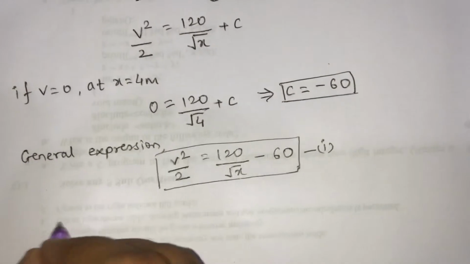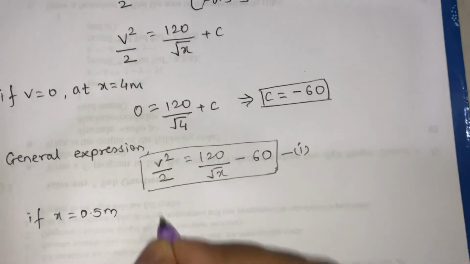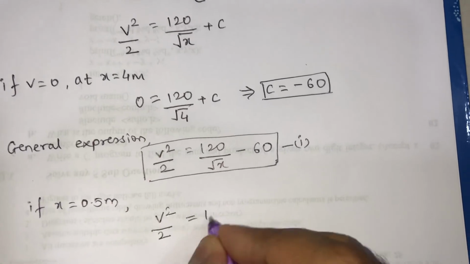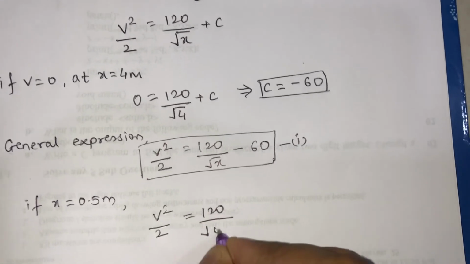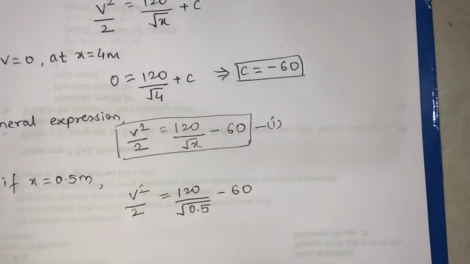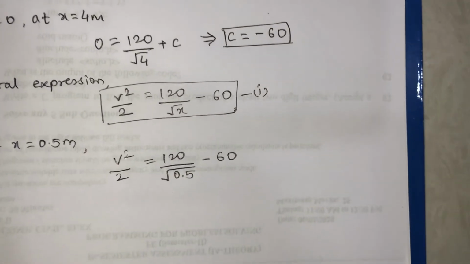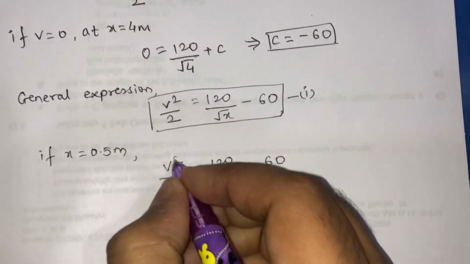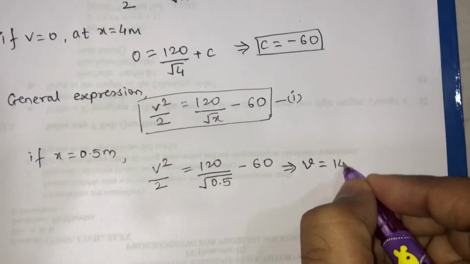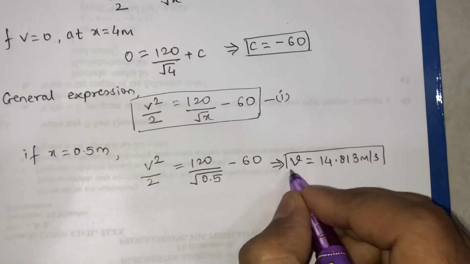So we'll start with x equals 0.5 meter. In this equation we substitute: v square by 2 equals 120 by root 0.5 minus 60. Using the calculator, we get v equals 14.813 meters per second.